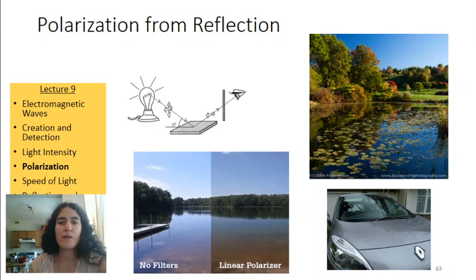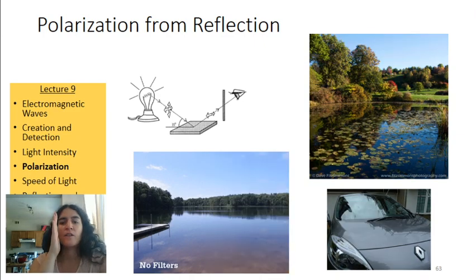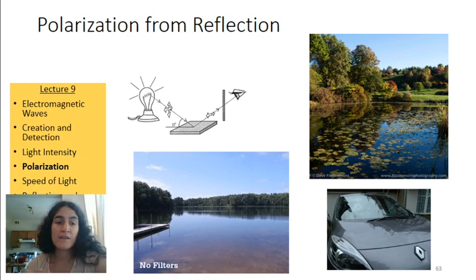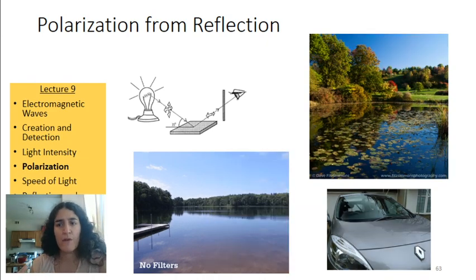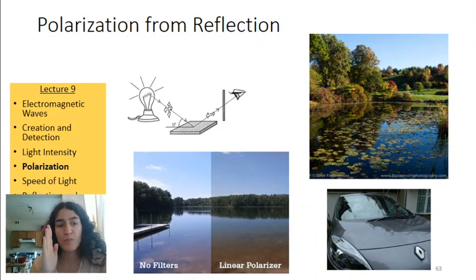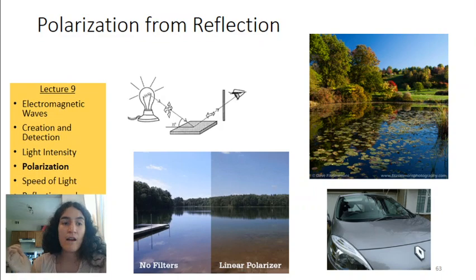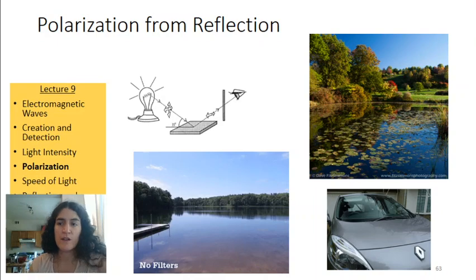So if I want to block off that glare, then I need sunglasses or lenses that are vertically polarized, right? That basically sets the direction of polarization for sunglasses to be vertical, because we want to block off any glare of light that gets reflected off of surfaces in a horizontal way.